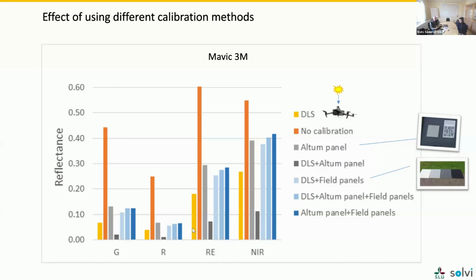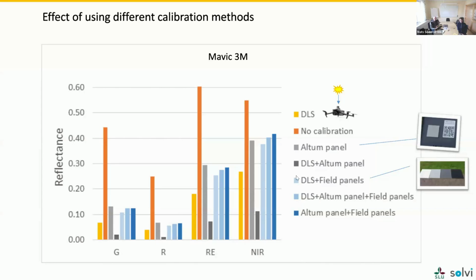Then those bars in the green, red edge, and near infrared, they are actually a bit lower. In both our tests here at Lana and Arentorp, we found that especially the near infrared was quite much lower compared to the other drones.